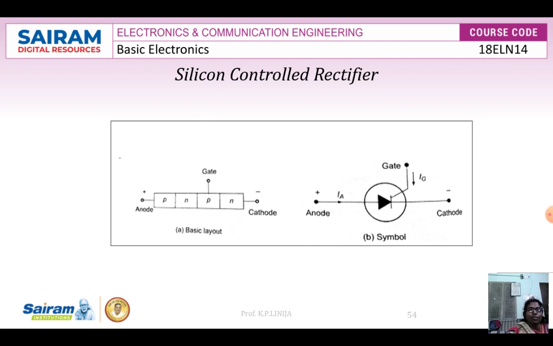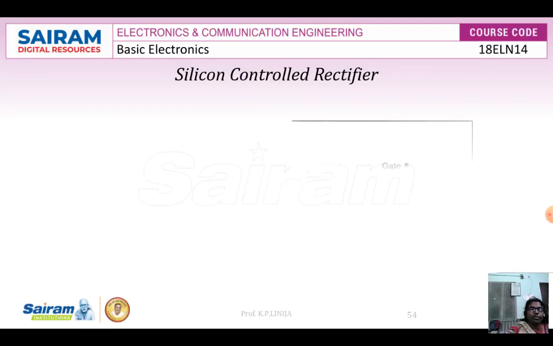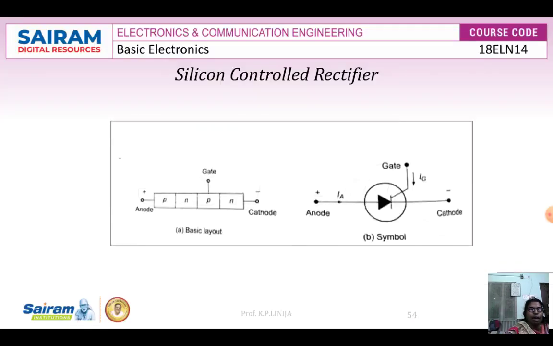If a positive pulse is applied to the gate, then junction J2 will get forward biased and the SCR will start to conduct.